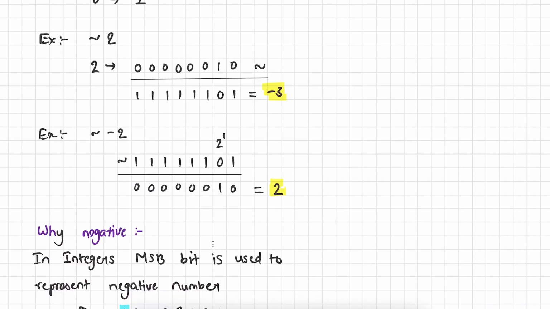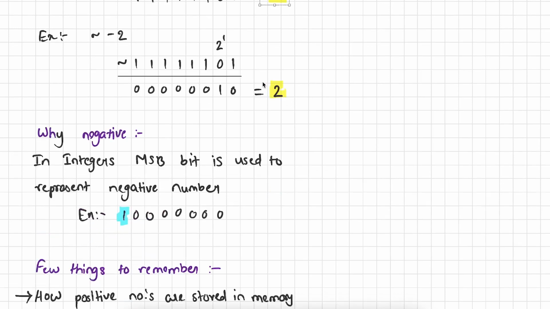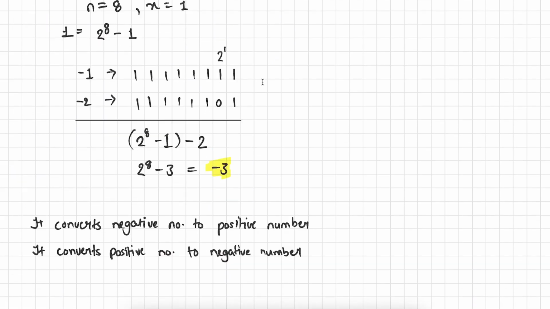Let me show you once again. In the previous example, we stored 2 and performed the tilde operation on it. It means the complement operation, and we are getting -3, right? Because negative numbers are stored in 2's complement form, and the value of this 2's complement form is -3, correct? And how is it working?